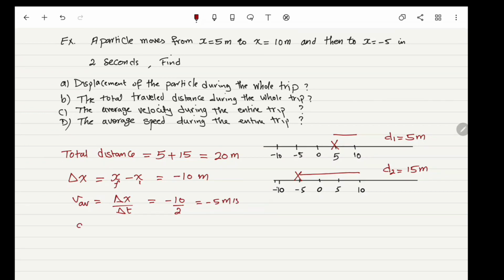And finally, the average speed is equal to the total distance over the time interval, which equals the total distance, as we mentioned here, 20 meters, and the time equal to 2, so it's 10 meters per second.